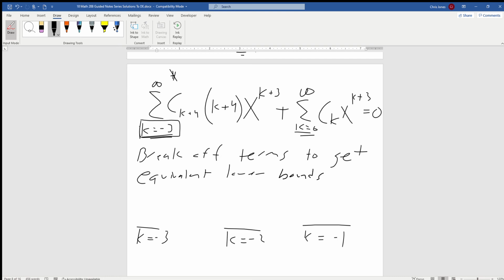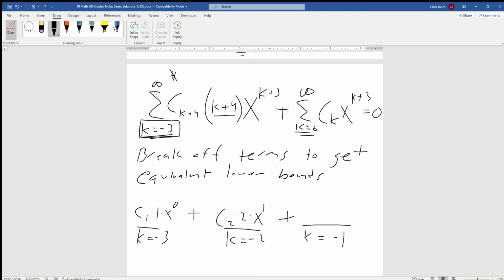So what happens when we plug -3 back in? That becomes c sub 1 times -3 plus 4, which is 1, x to the -3 plus 3, which is x to the 0. We're going to plug in -2. That gives us c sub 2, -2 plus 4 is going to be 2, and then -2 plus 3 is 1, so that's x to the first.